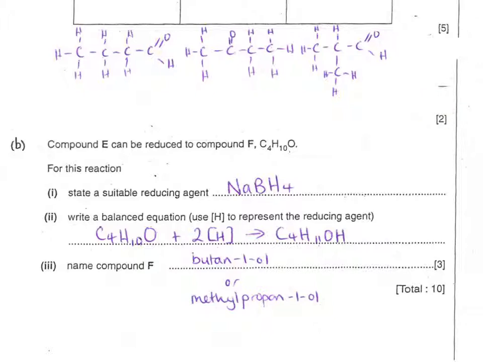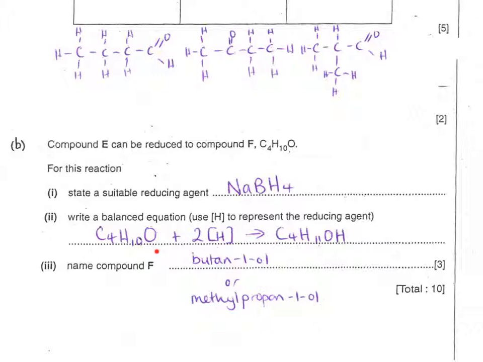We haven't got them on our version of this, so we're going to assume it could still be either of the 3 possible structures. Either way, if we want to reduce compound E to compound F, we're going to use NaBH4, and in our equation we wouldn't use NaBH4, we'd use H in square brackets as it's suggested here.